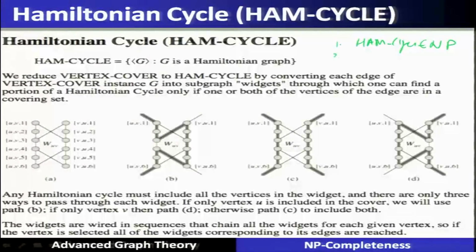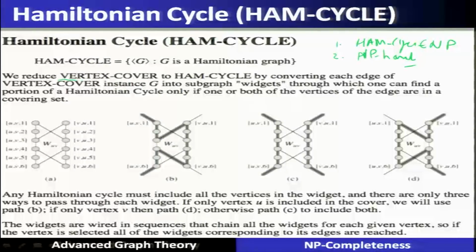Second part, we have to prove that it is NP hard. For that we have to choose one problem which is already known to be NP complete, and we can reduce that problem to the Hamiltonian cycle problem by way of a polynomial time reduction or a mapping.